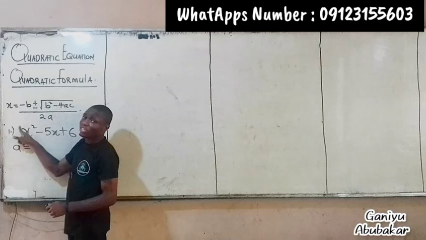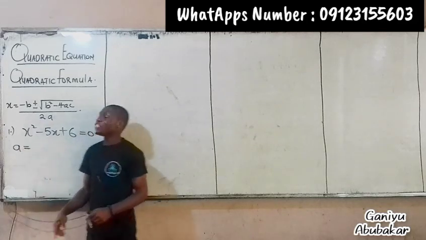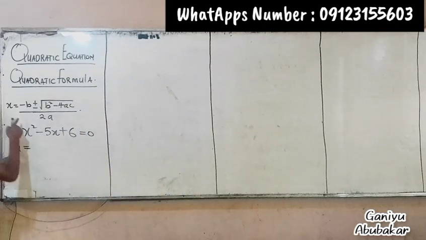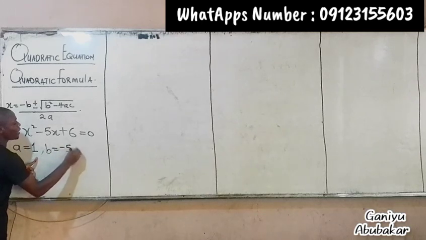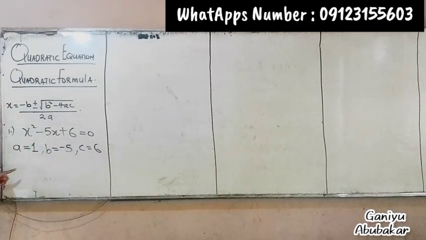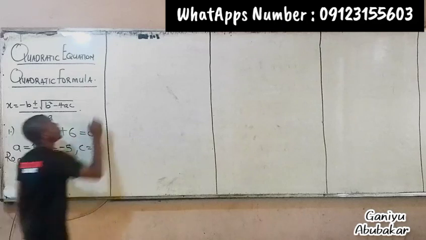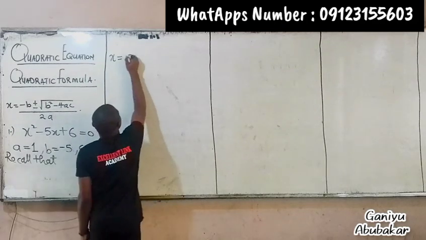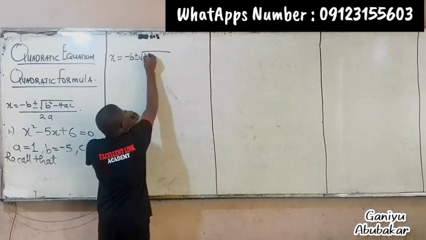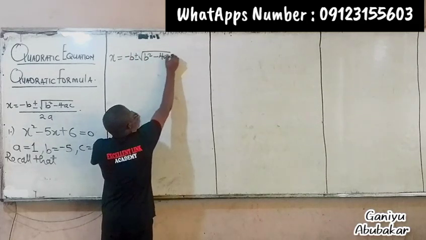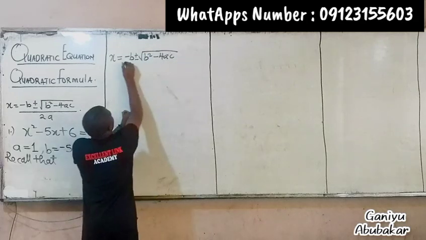So 1 here is the coefficient of x squared. Of course, a becomes 1, b becomes minus 5, and finally, c becomes 6. Now, recall from our quadratic formula that x is equal to minus b plus or minus root b squared minus 4ac, all over 2a.